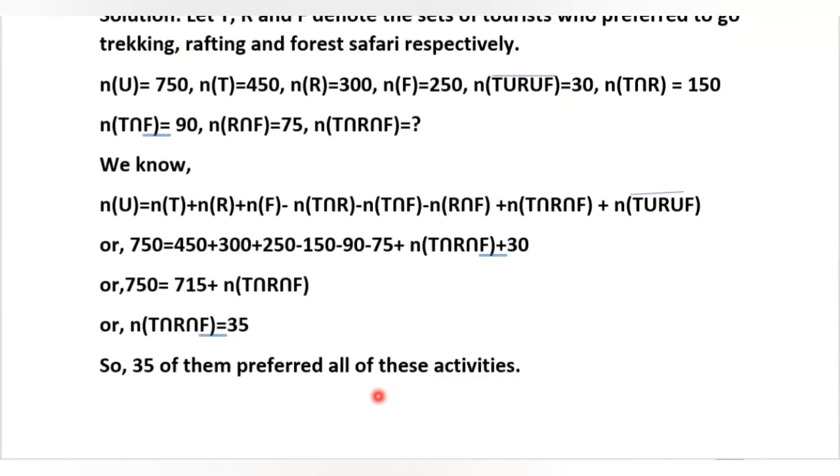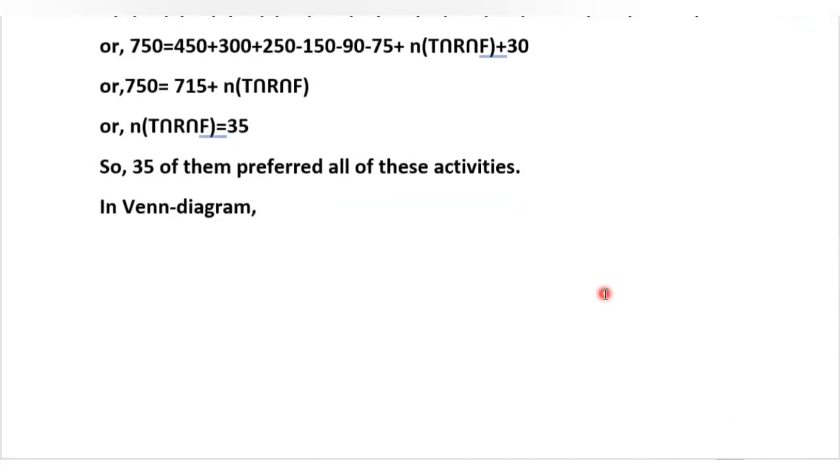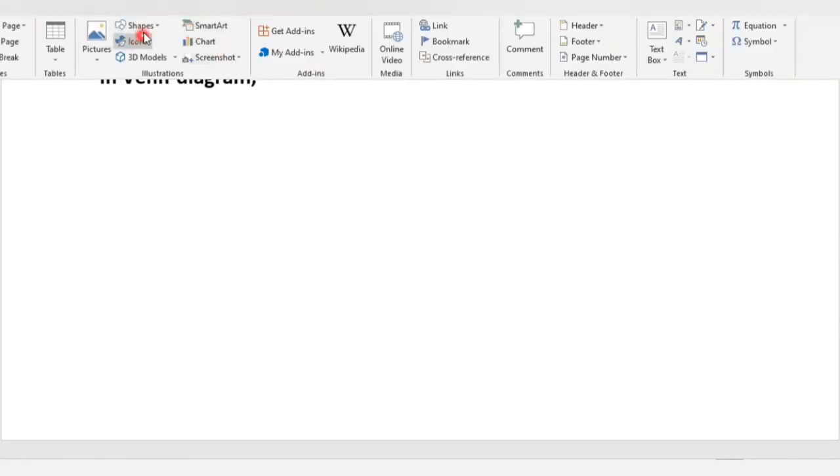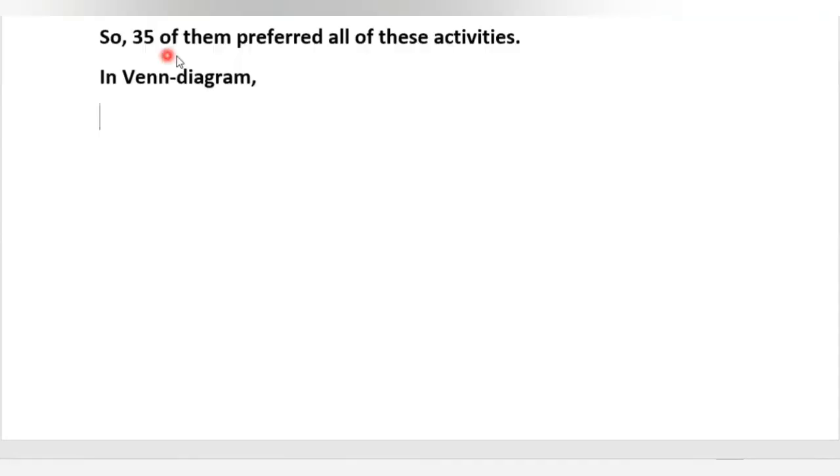Okay, the next work is to draw the diagram, the Venn diagram, representing this in a Venn diagram.